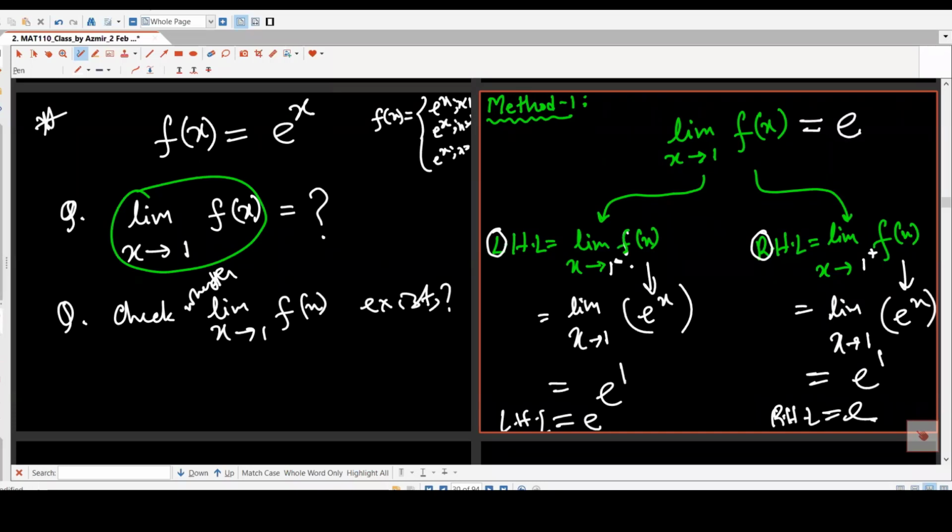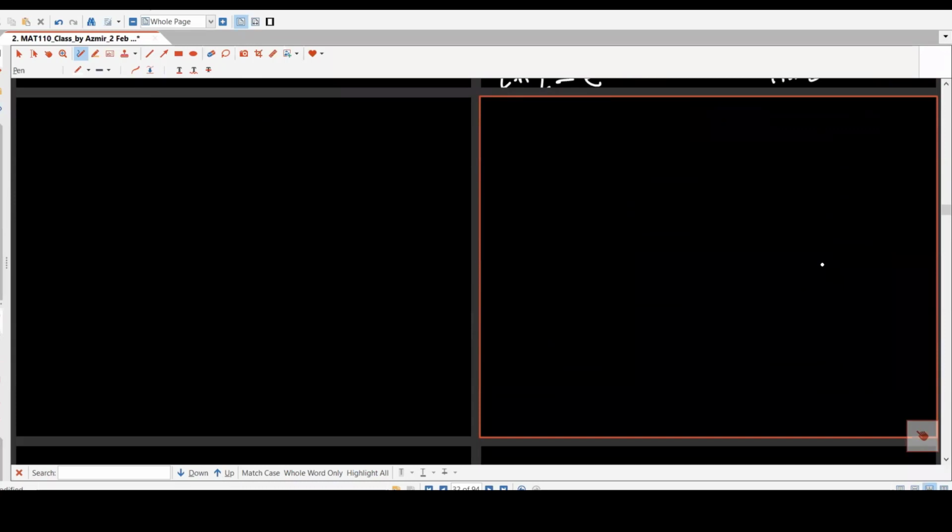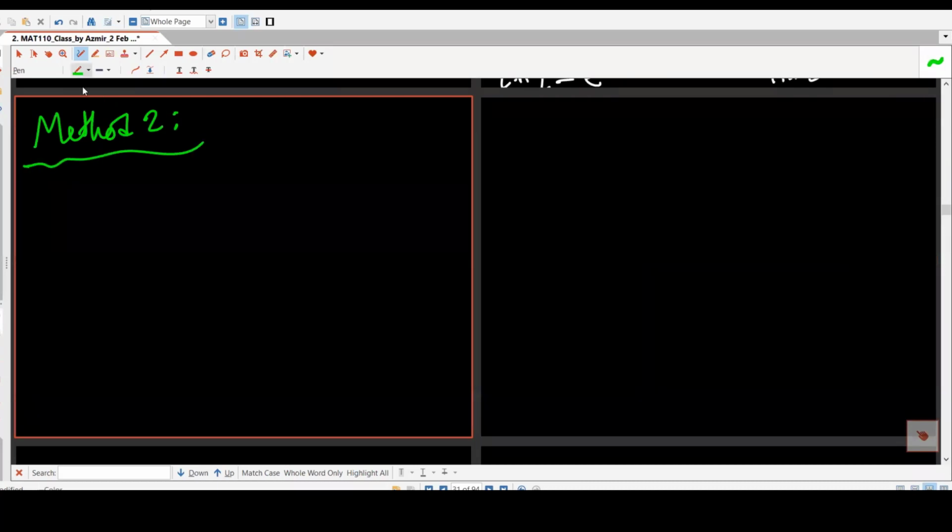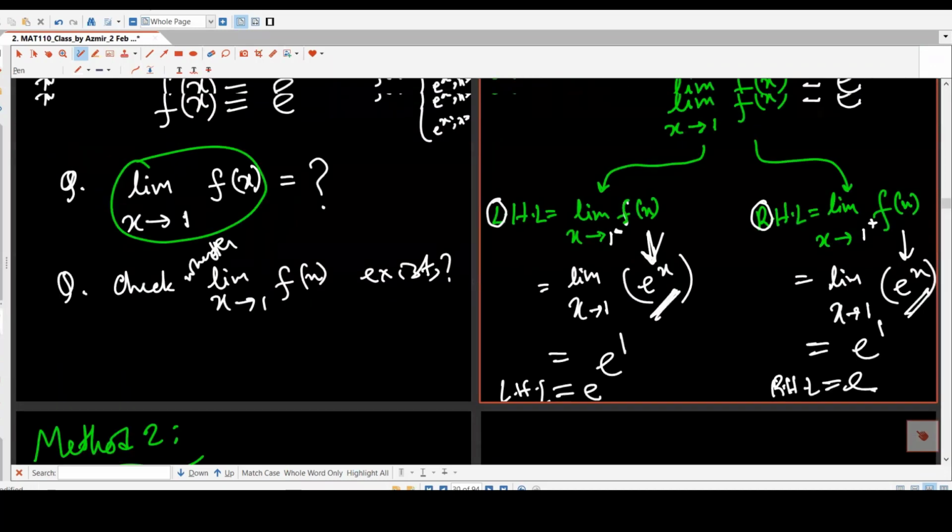Since for both cases we have applied the same function, this is a waste of time. We don't need these 2 concepts. We can actually find the one part only. So let's say we are going with another method, method 2. We are trying to evaluate limit of f of x when x is approaching 1.